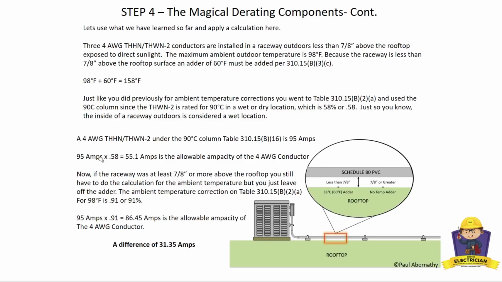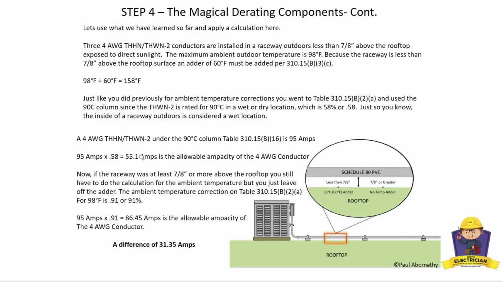And then it says, okay, so now I'm multiplying because I want to go down and make sure that at that point I've got enough to handle whatever the load is. And I don't know the load. So if this was an exam question, all it wants to know is what is the ampacity of this conductor after the applications of an adjustment, after the application of a correction and a corrective adder. Okay, so 95 amps times 0.58 is 55.1 amperes is the allowable ampacity of the 4 AWG copper.